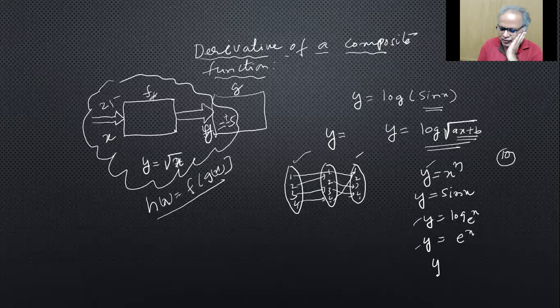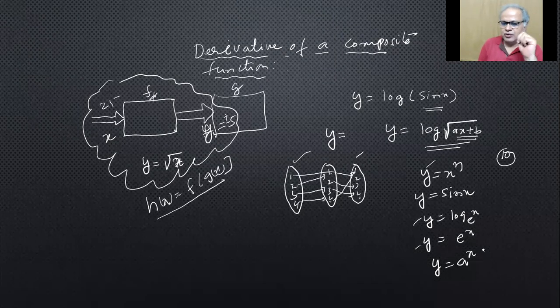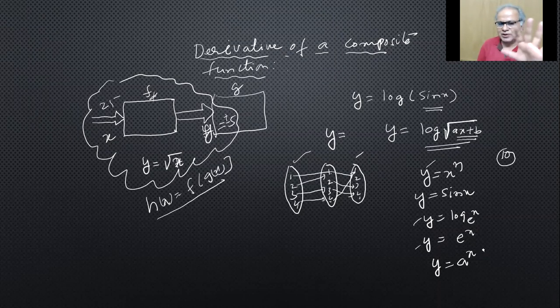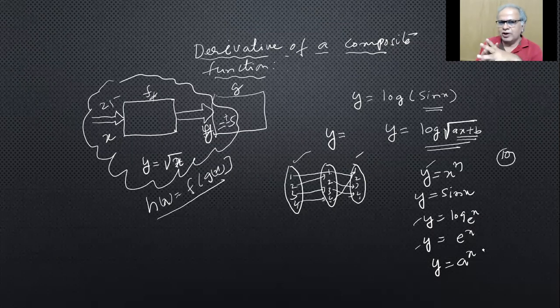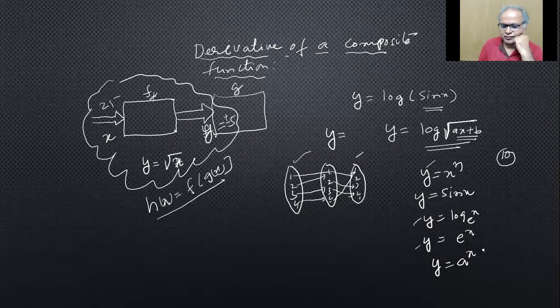One more is y equals a power x. Some 10 functions I have. Now using these single boxes, single functions, I can formulate a few more functions, which I call composite functions.